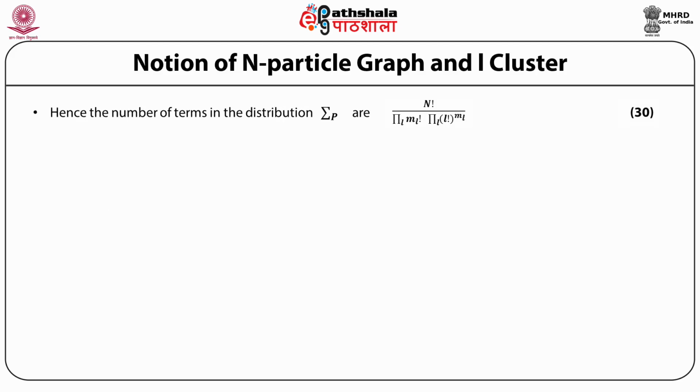Hence, the number of terms in the distribution summation over P is n factorial divided by the product over l of ml factorial multiplied by the product over l of l factorial raised to power ml.